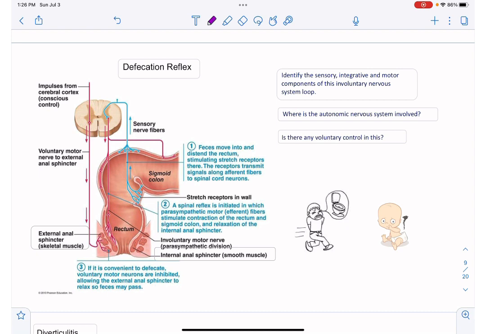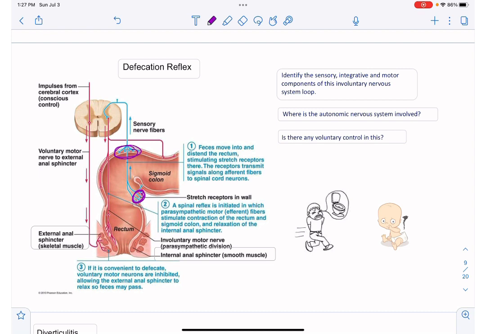Well, the sensory stimulation is going to be stretch of the large intestine wall, stretch of the sigmoid colon, and stretch of the rectum. When feces enters the sigmoid colon, the wall of the sigmoid colon stretches, and that activates stretch receptors.